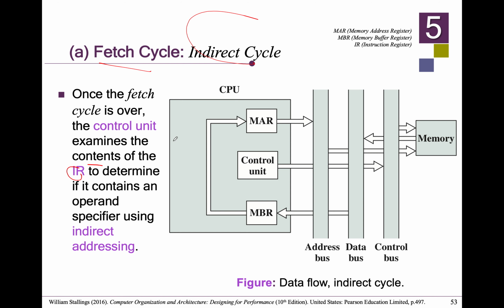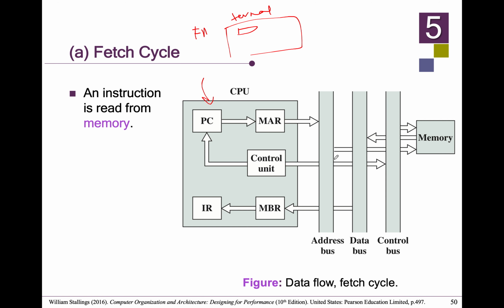Okay. To determine if it contains an operand specifier using indirect addressing. If, let's say, your operand is having indirect addressing, it's going to see, okay, you can see over here, this one after you finish.